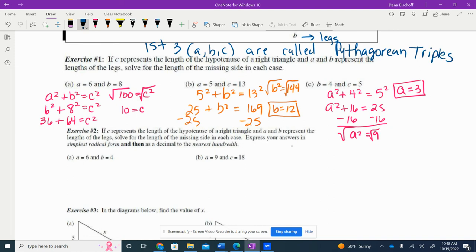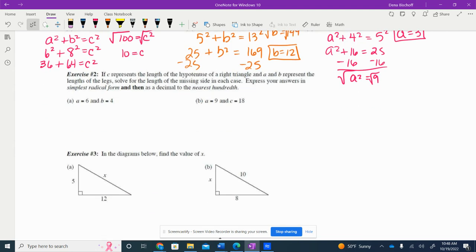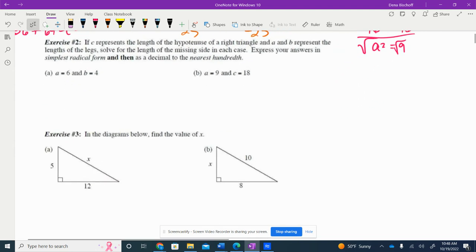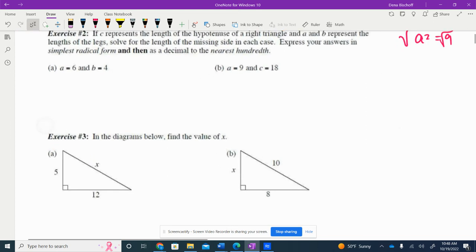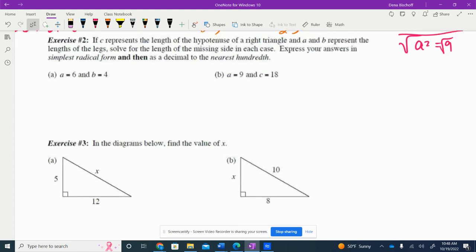All that means is that they're three integers that work for the Pythagorean theorem. Most often, your Pythagorean theorem produces a decimal.